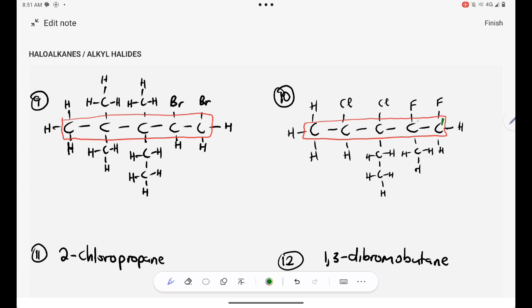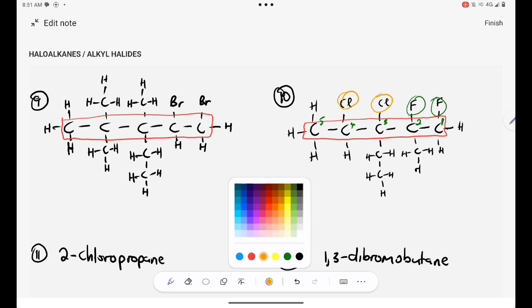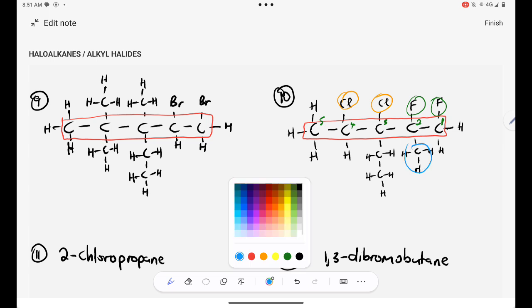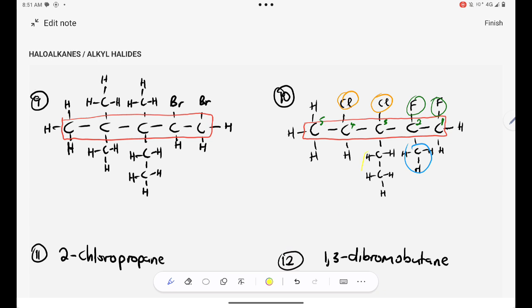This will be carbon number 1, carbon 2, 3, 4, and 5. I have my fluoros at carbon number 1 and 2. I have my chloros at carbon number 3 and 4. I have my methyl at carbon number 2, and I have my ethyl at carbon number 3.